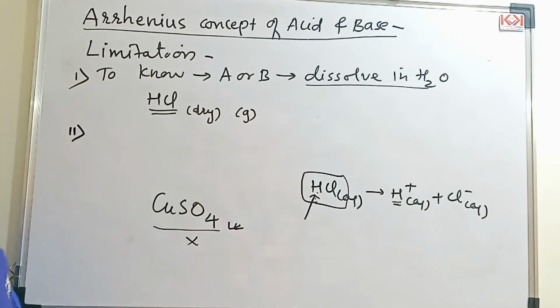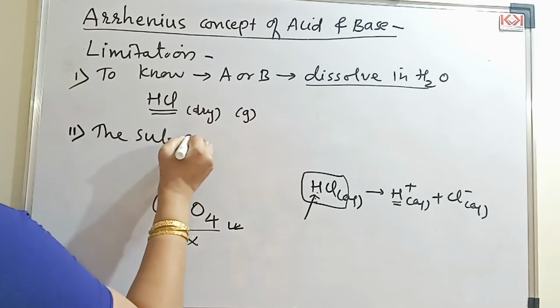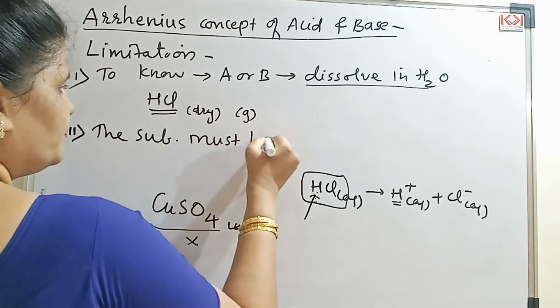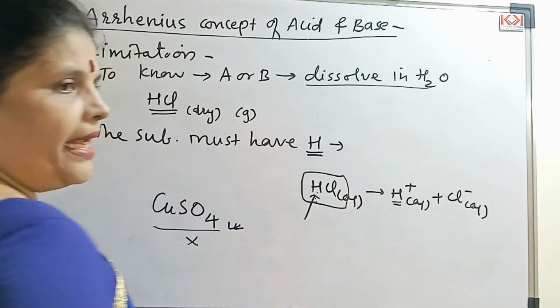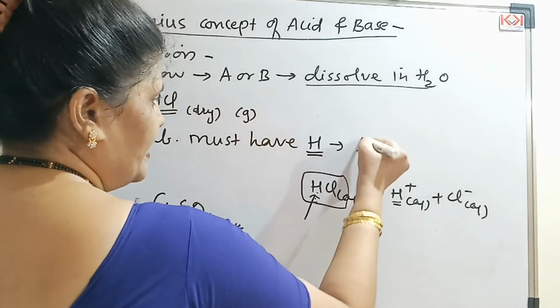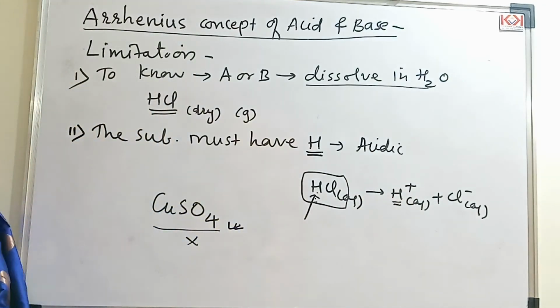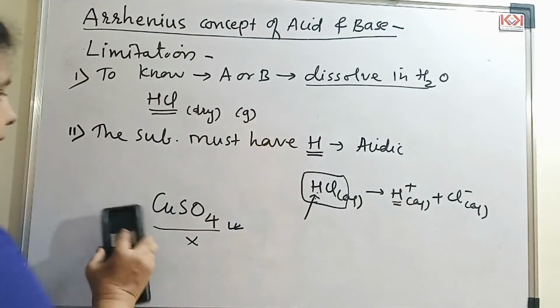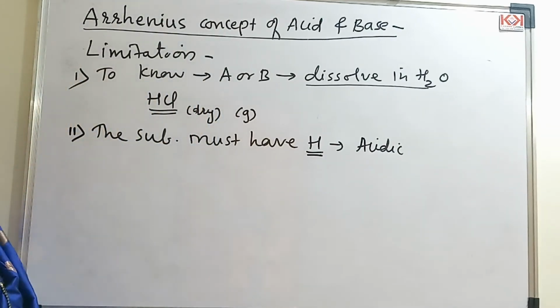So what was the second limitation? That the substance must have H in the molecule in order to predict that it is acidic in nature. I think I am clear here that to know whether a substance is acidic, the molecule must have H in it. Means what?